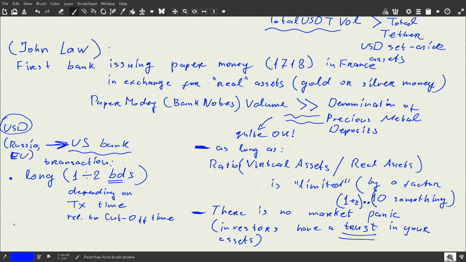And this transaction is called a wire transfer. So when you say money would be wired or sent by a wire transfer, this means a dollar transfer from abroad or to abroad from the United States.